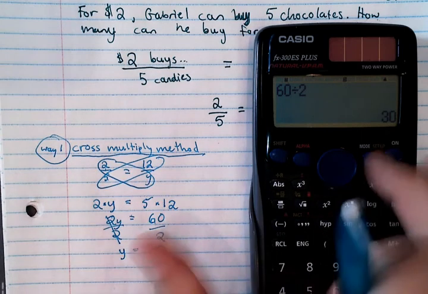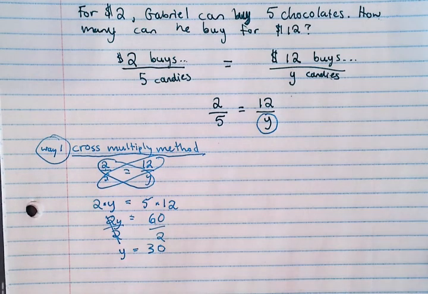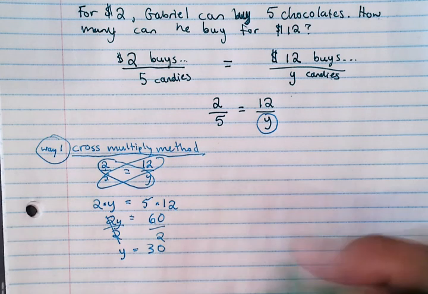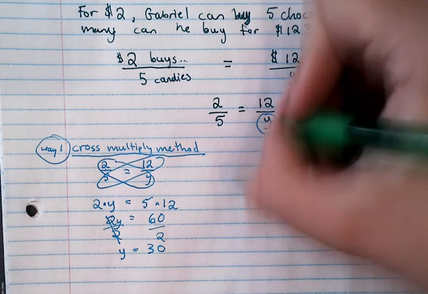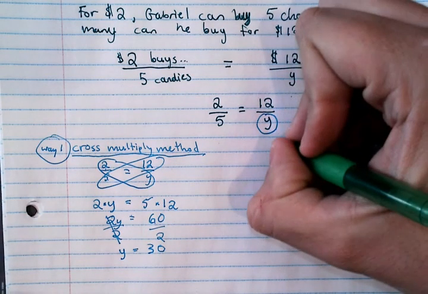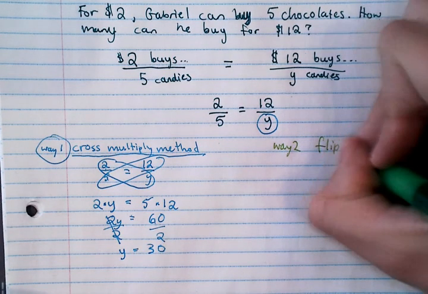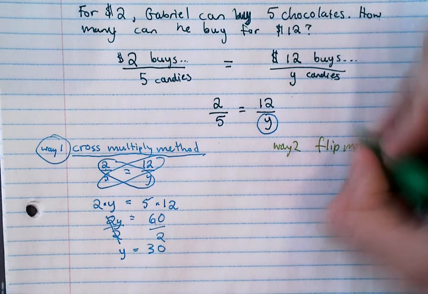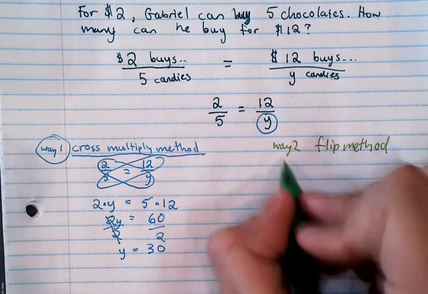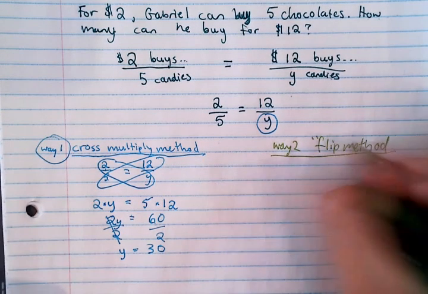The other way, which I think is quite nice and elegant, I'll use a different colored pen. Maybe I'll switch to green. I don't really have a good name for it, but I'll call it in quotes the flip method.